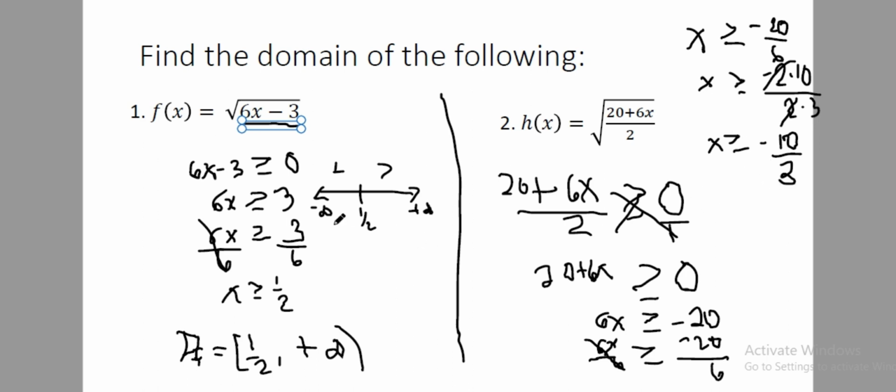Same with number 1, it is greater than, so it must be to the right of negative 10 over 3. The values must be to the right of negative 10 over 3. So this is the domain of H.